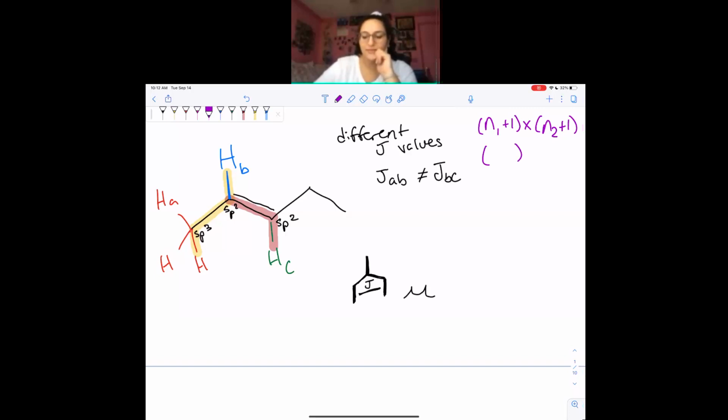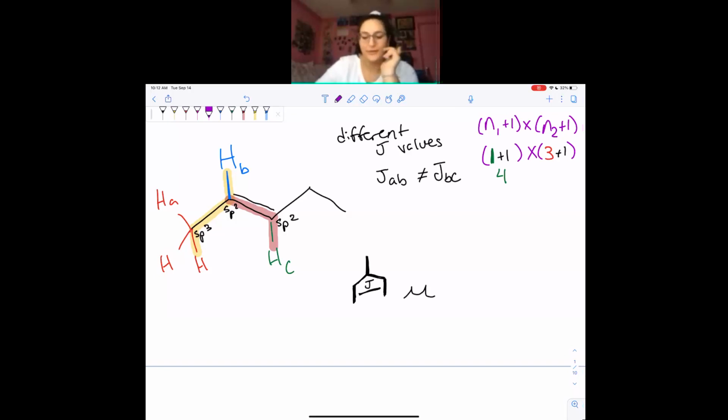So n1 we're going to say is HC, because there's only one neighbor. So I'm going to say one neighbor plus 1. And we're going to multiply that by the other side, where we have 3 red neighbors. So I'll say 3 plus 1. At this point, it's just simple math.